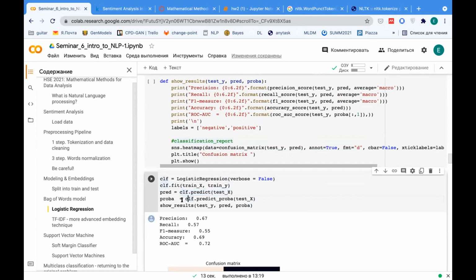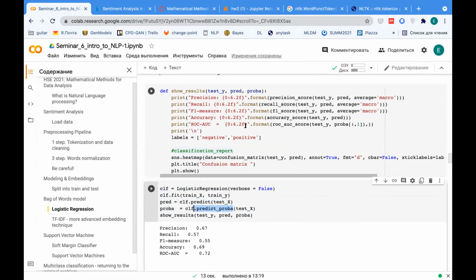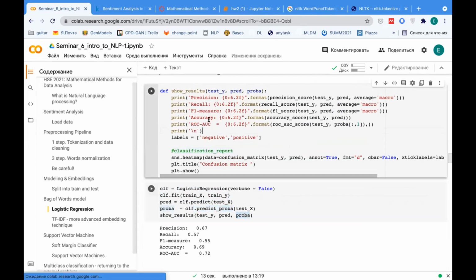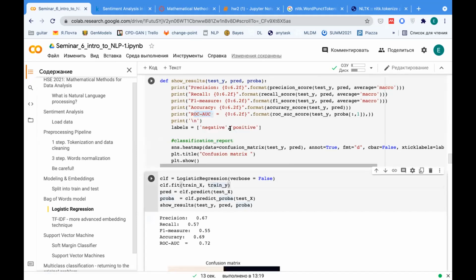We will predict not only our targets, we will also return their probabilities, since for some metrics it's better to use probabilities and not just predictions. For example, for ROC AUC, since our plots will be smoother, and also we can have a bit better results.